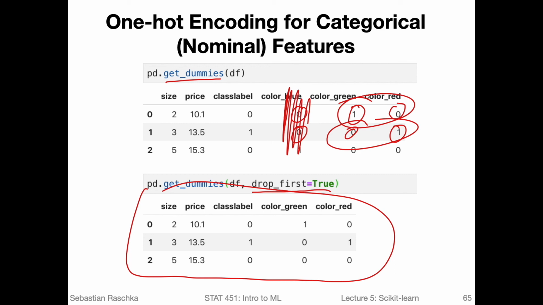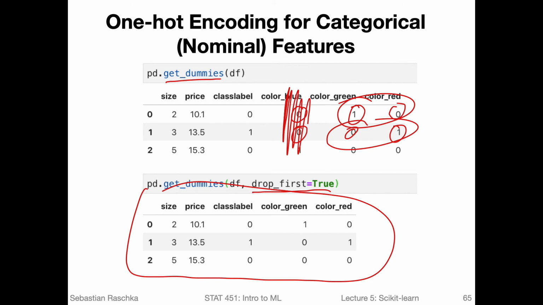Some machine learning classifiers would also run into problems if we don't drop the columns. For example, if we would use a logistic regression classifier without constraints, then we would have a problem, because we would have a perfect correlation between features, and then we would have a singular matrix and run into problems with optimization procedure and stuff like that.